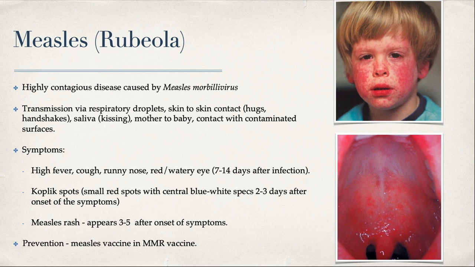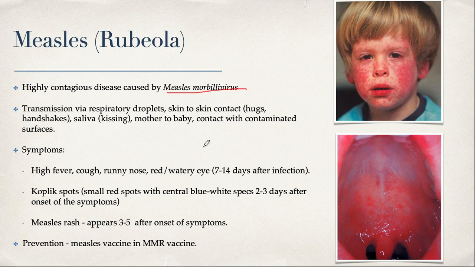And so measles is caused by measles morbillivirus through respiratory droplets. It could also spread through skin-to-skin contact or saliva, through kissing or mother to baby, or contaminated surfaces or fomites could also be sources of transmission as well.